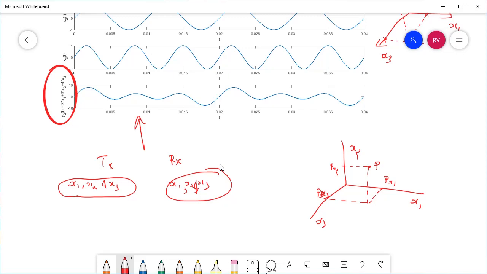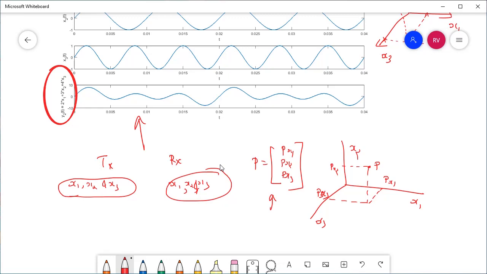Say p is represented by px1, px2 and px3. Instead of transmitting this whole signal, I just need to transmit this vector p. 3 simple values that will generate the signal, which is very much easier.